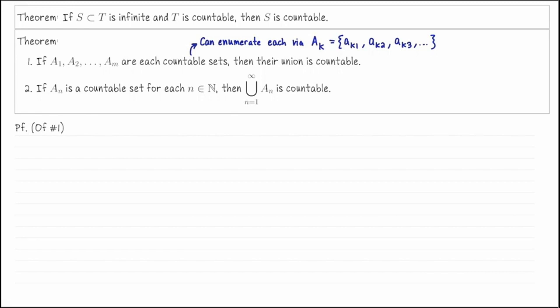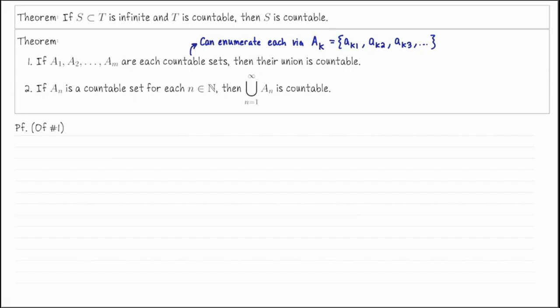We will prove the first one, and our proof is going to rely on the fact that little m in this statement is a finite number. So you can't immediately take the same proof and use it to demonstrate the second statement. However, there is a way to adapt this proof for the second statement. If you're interested, we can talk about it in the forum. But let's just focus on the first one.